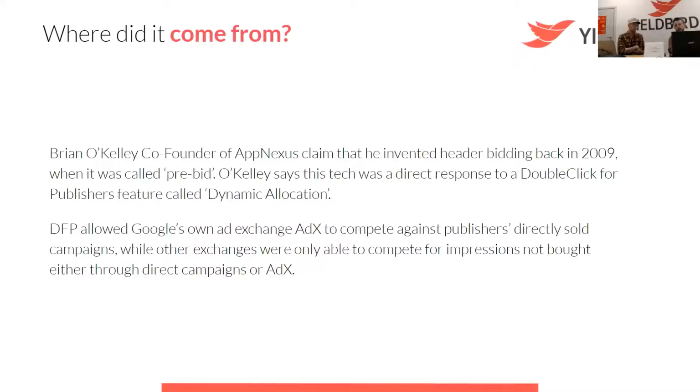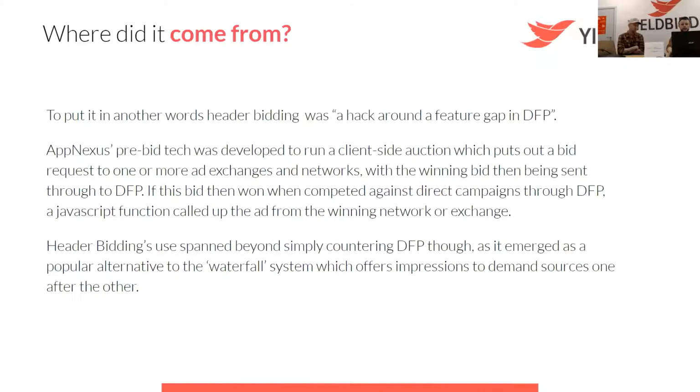According to them, it was a response to DoubleClick's introduction of dynamic allocation. Considering that the other SSPs felt left out, they couldn't compete with the direct campaigns. They were just able to take whatever direct campaigns and AdX didn't want to monetize. They tried to do some kind of hack, and they did, basically.